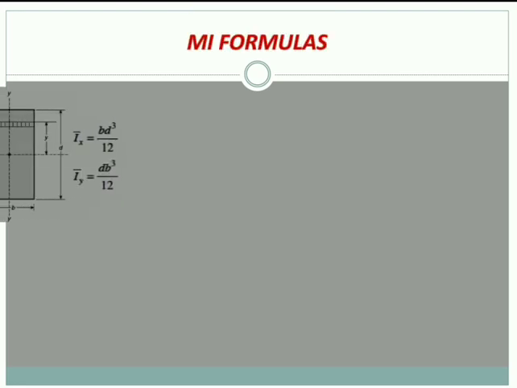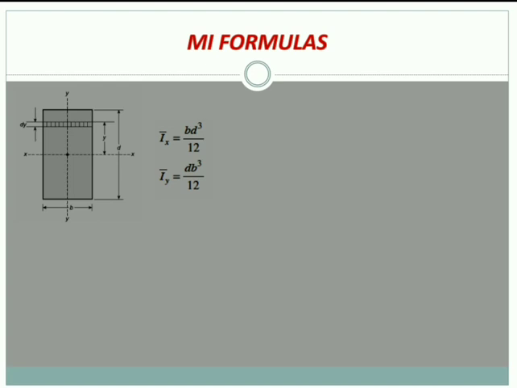Before going to the examples, let's briefly revise the formulas which we will be using. For a rectangle, the moment of inertia about its centroidal x-axis will be BD cube by 12, and about the vertical axis, that is Iy, is equal to DB cube by 12.